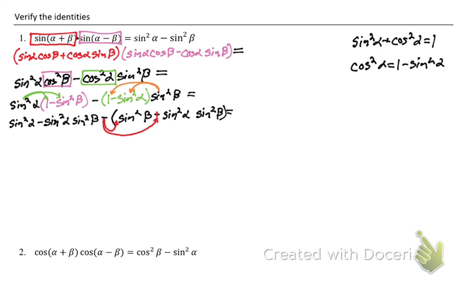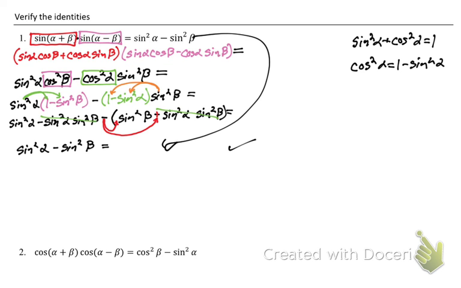If I give you 1 and take it away, you now have 0 of them. So those are going to cancel out. So you're going to be left with sine squared alpha minus sine squared beta. And that's hopefully what the other side looks like. It does. They are good.